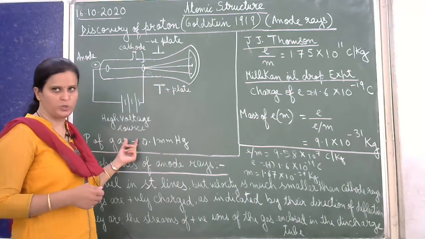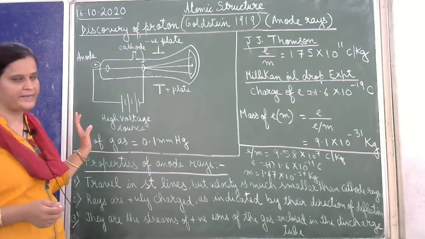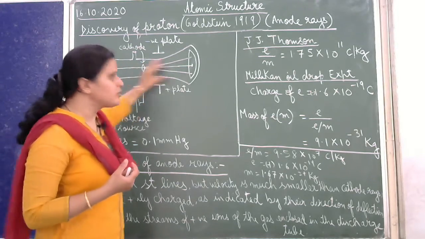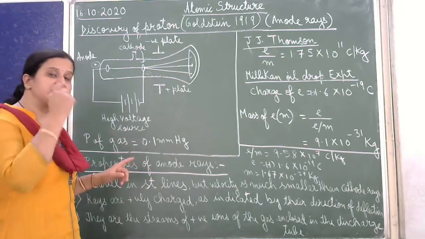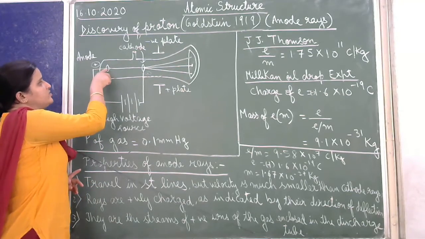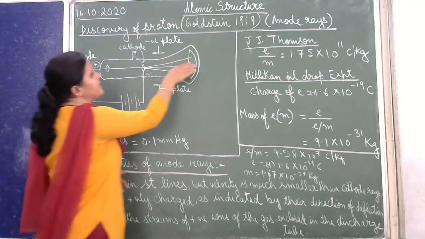So this was the setup. On connecting the anode and cathode with the high voltage source, and this is the vacuum pump through which the pressure of the gas can be regulated, he saw that as cathode rays were generated from the cathode, simultaneously there was another ray generated from the anode, moving towards the cathode.